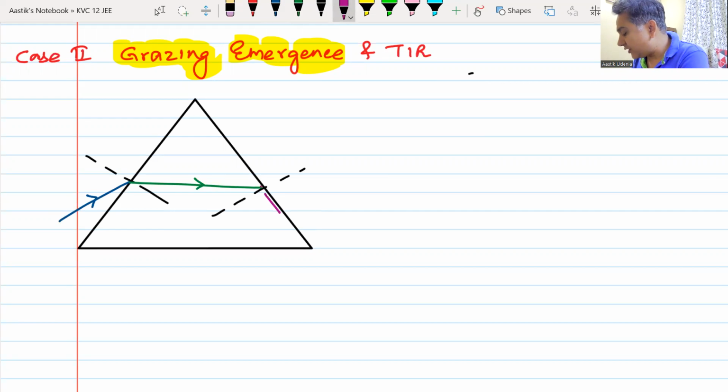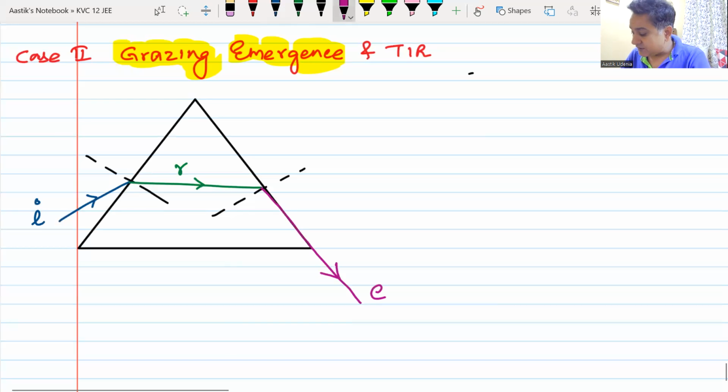If the emergent ray goes like this, that is known as grazing emergence. Grazing emergence means the angle of emergence becomes 90 degrees. Do we understand this?